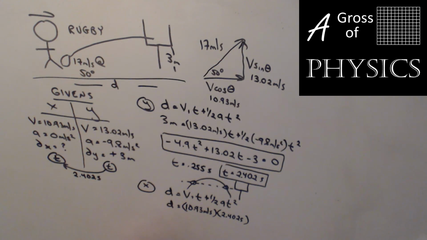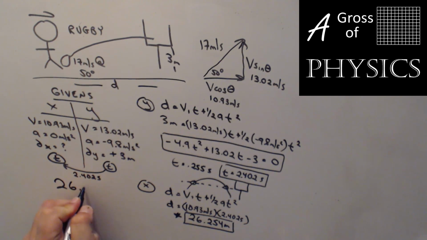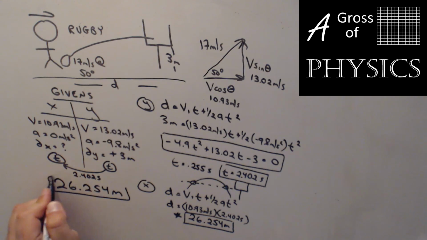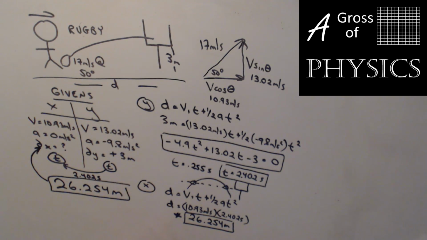I'll take 10.93 and multiply it by 2.402, and I'll get 26.254 meters. So the person can strike the rugby ball 26.254 meters away and barely skim the crossbar 3 meters high.